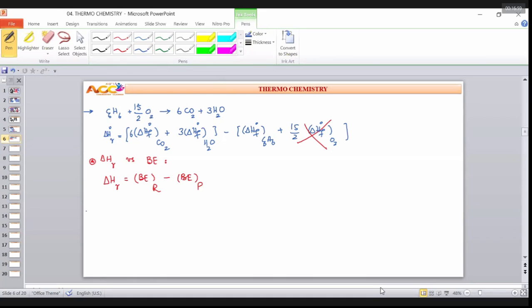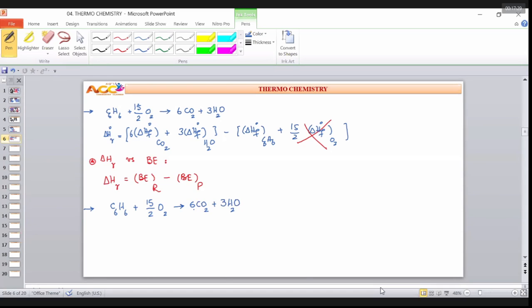For example, suppose he says, what is that reaction I should take? A simple reaction I'll take. C6H6 plus 15 by 2 O2 gives you 6 moles of carbon dioxide and 3 moles of water.